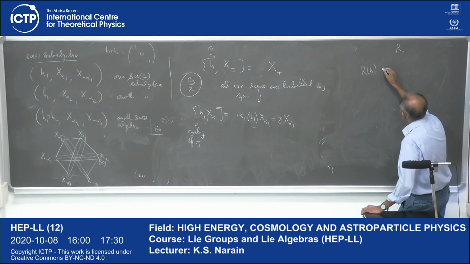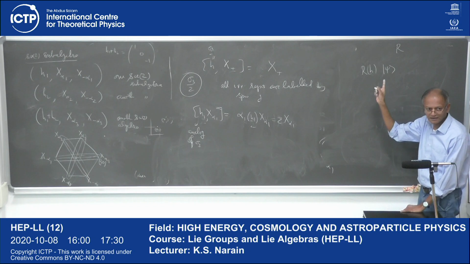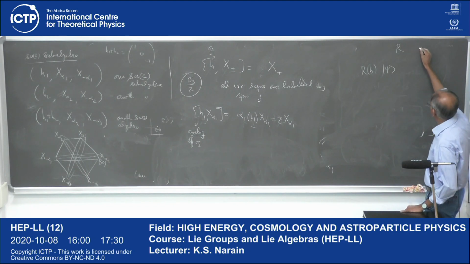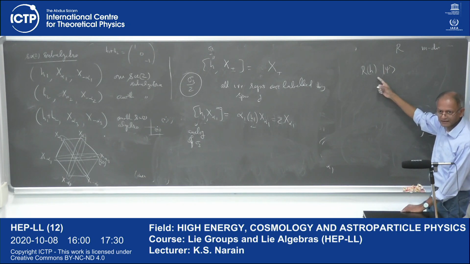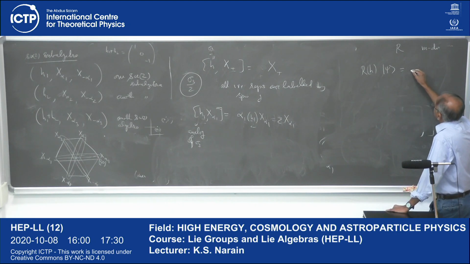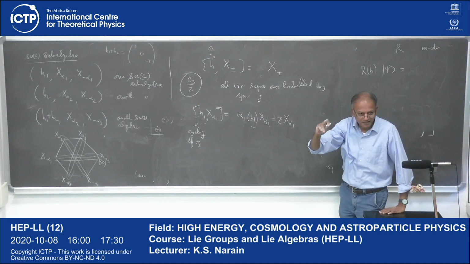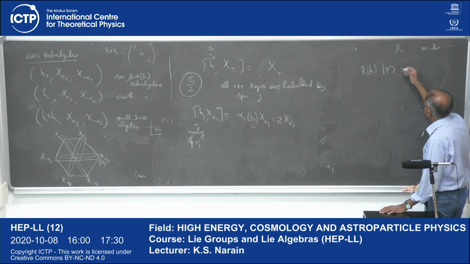If I call this some state psi inside this representation, I hope this notation is not confusing. If this representation has some dimension m, then there will be m such linearly independent states. So this will be some number which again will depend on h, which will be in the dual h star space. But it will not be those alphas. It will be some w. Let's call it w. W acting on h times psi.